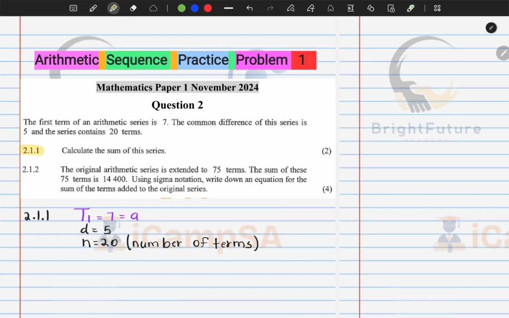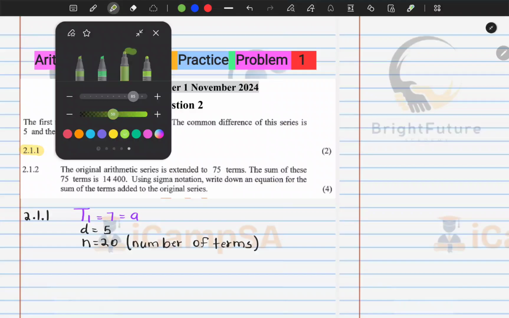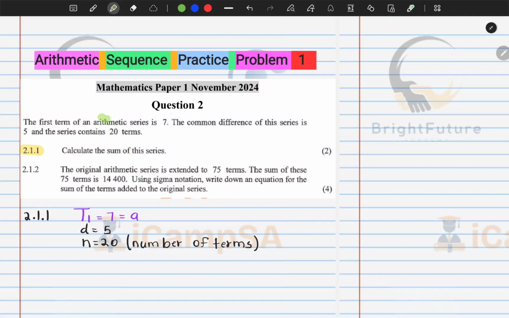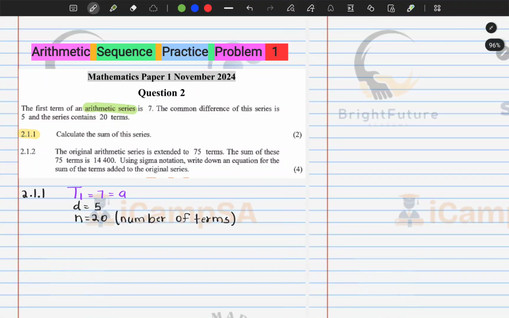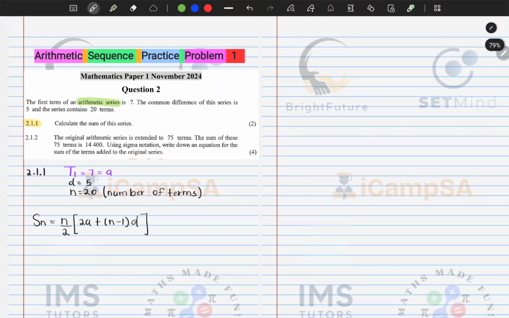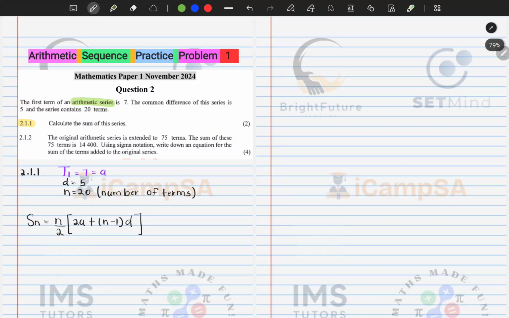So we are now in a position to calculate the series, because we know the formula for an arithmetic series. The sum of an arithmetic sequence is given by n over 2 times 2a plus n minus 1 multiplied by d. We already have n, a and d, so we can go ahead and find the sum of 20 terms.